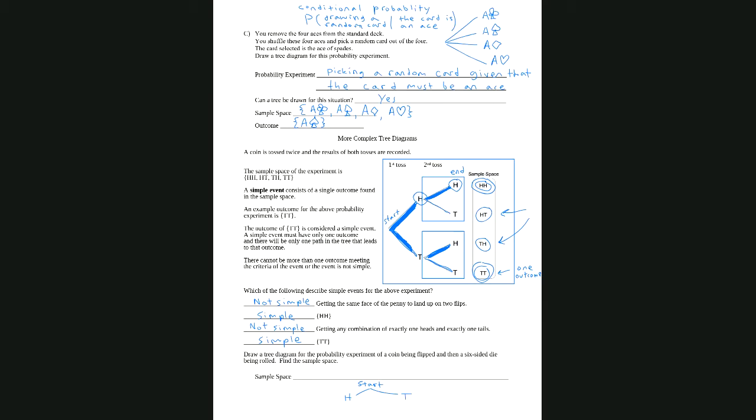But then from there, after I flip the coin, I need to roll the die. And so from that heads, I need 6 branches representing the outcomes 1, 2, 3, 4, 5, and 6 for the roll of the die, that is. And then I need 6 branches here on the tails.